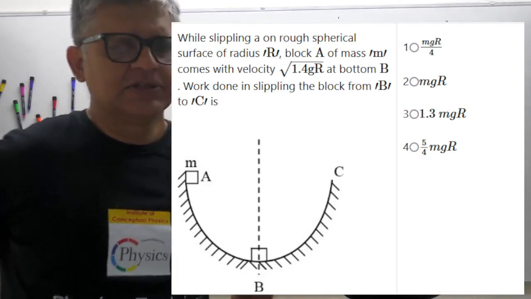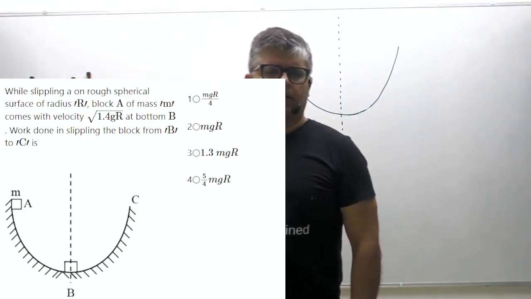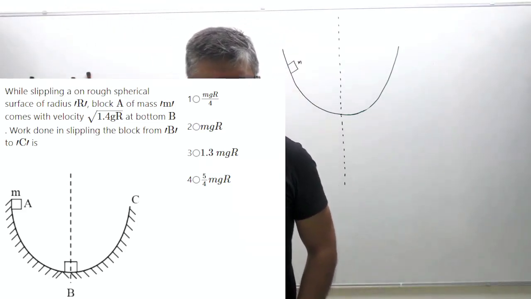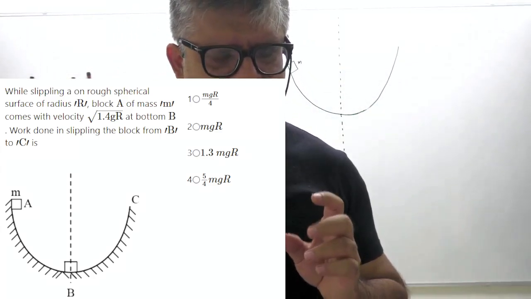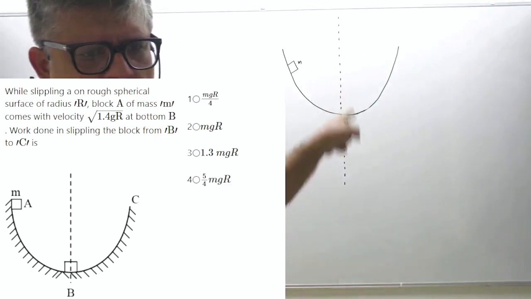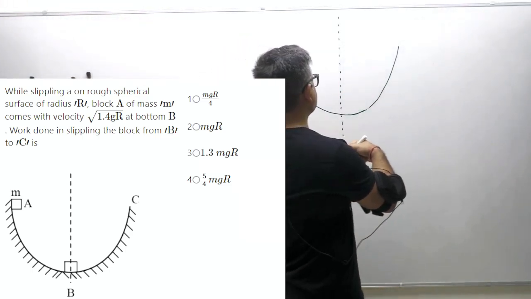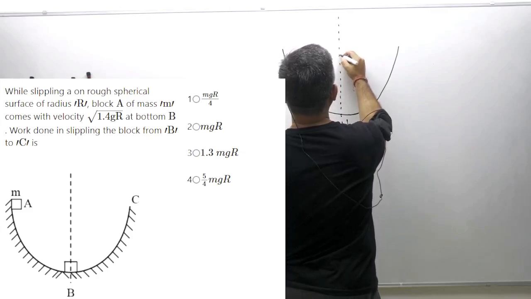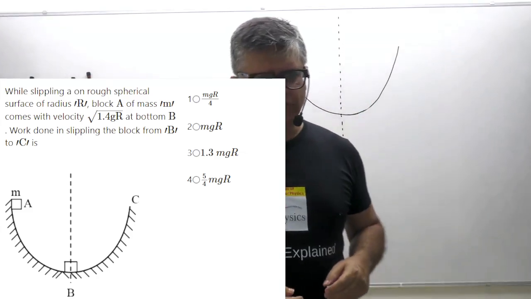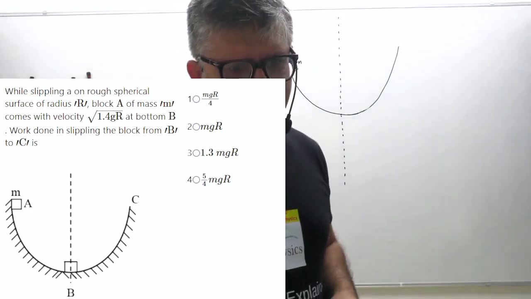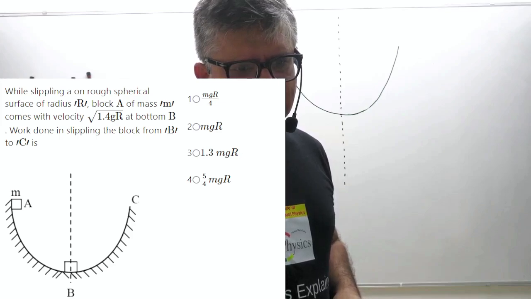Let's start with the solution. All right, students. So this question, let's read it first. This says that while slipping on the rough spherical surface of radius r. Let me just mark the radius of this hemisphere. Let's say this is the center. It's a hemisphere, so it's just a half one, and it's a spherical surface.